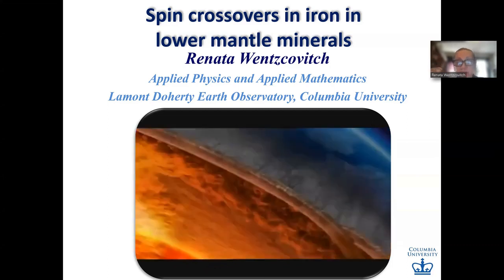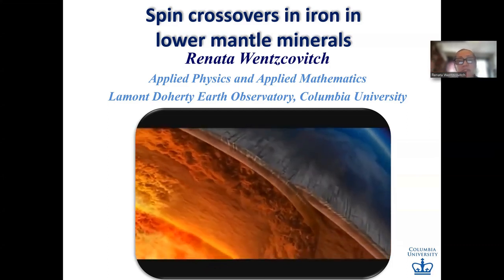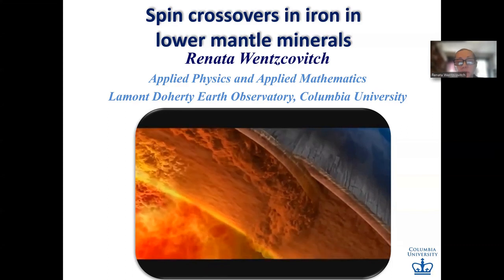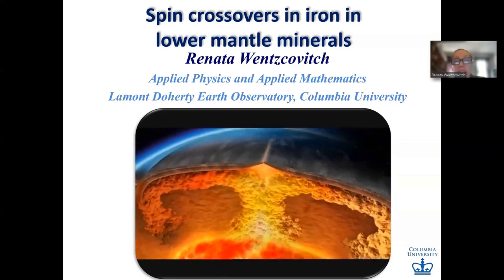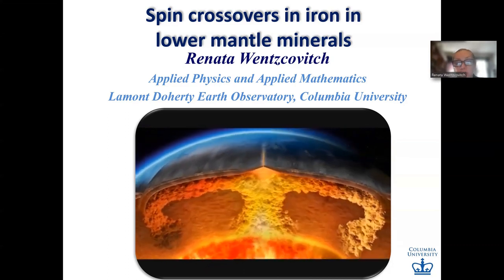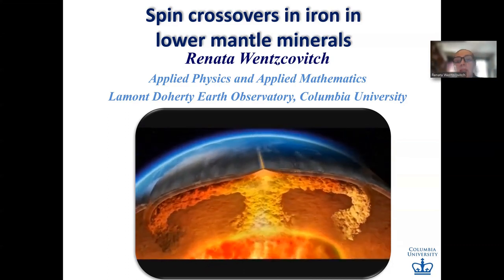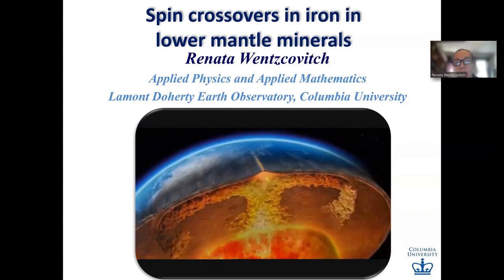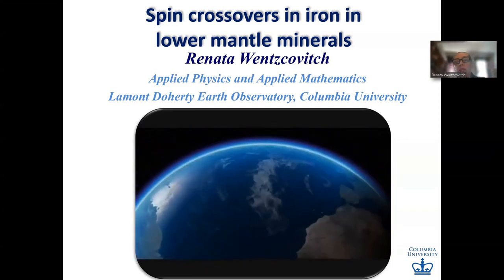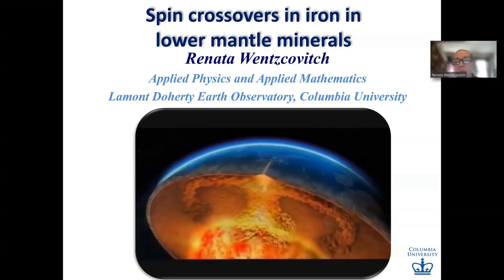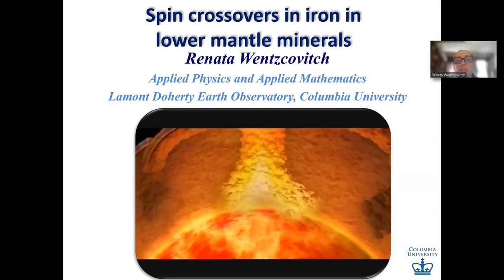The difference in temperature between the interior and the surface drives heat flow that in most of the mantle, this thing you are seeing here, is carried by convection. So the mantle is boiling in a geological time scale. Of course, hot material rises, cold material sinks, hot material rising.